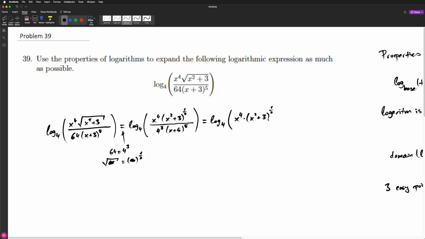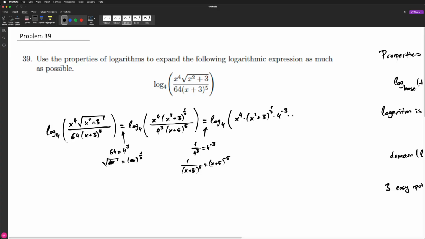So these two factors are already in the numerator. 4 to 3, 1 over 4 to 3 is the same thing as 4 to negative 3. Or x plus 5, 1 over x plus 5 to 5 is the same thing as x plus 5 to negative 5. So I would move everybody to the numerator, and then I don't have to deal with division.